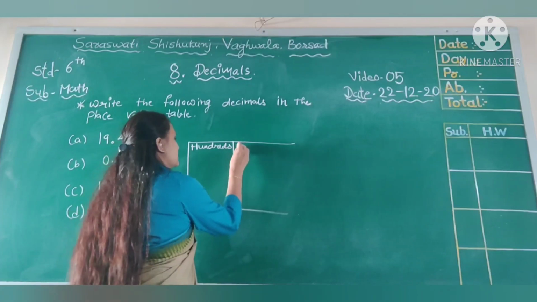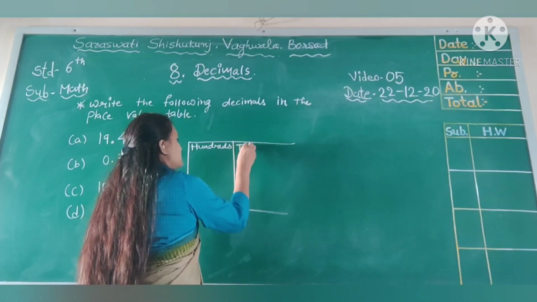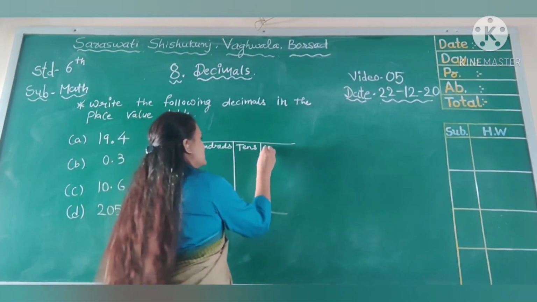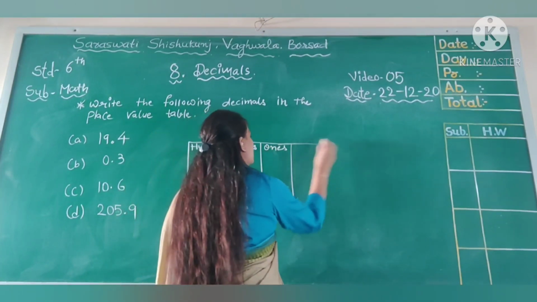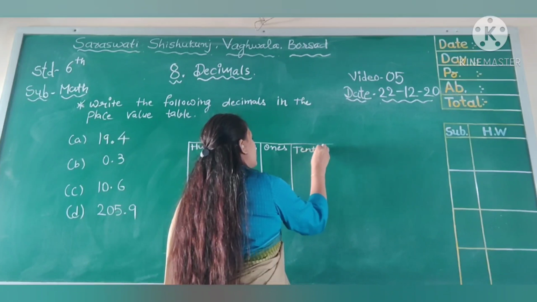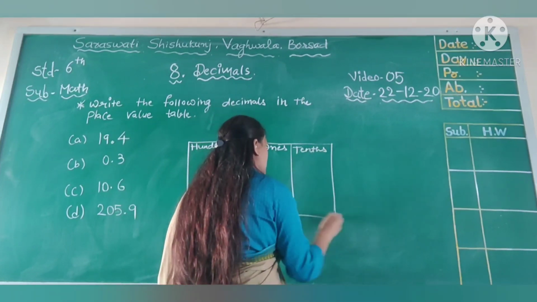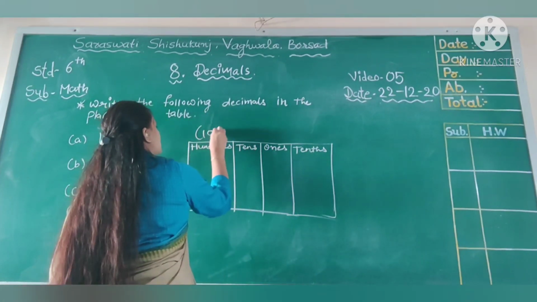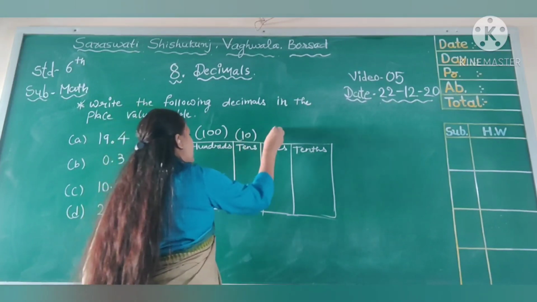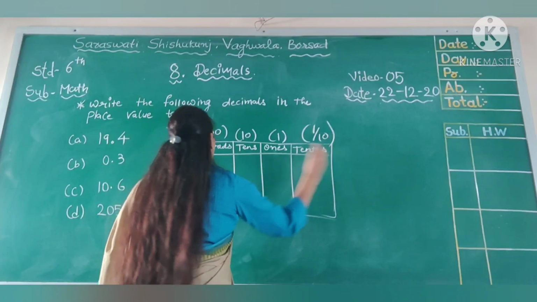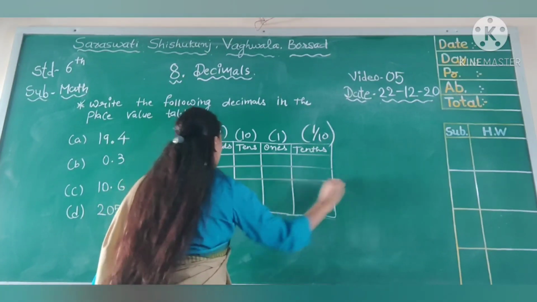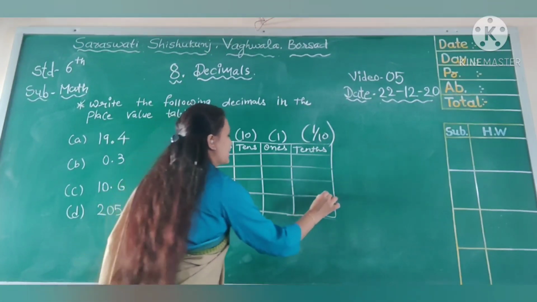Then after hundreds here, tens, then this is ones. After ones, there is decimal number, so this is the tens place. Let us define it by number. This is 100, this is tens, this is ones, and this is 1 upon 10.